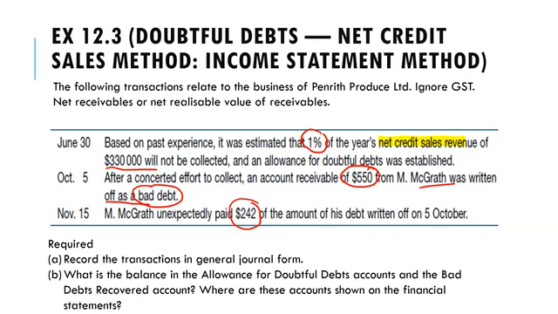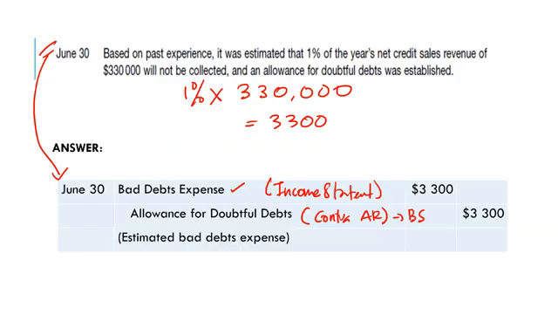That is why we got 3,300 as doubtful debt. So what we did, we debit bad debt expense, which goes onto our income statement, and then we credit allowance for doubtful debt. That is a contra asset account for account receivable, so your net account receivable will reduce by 3300.